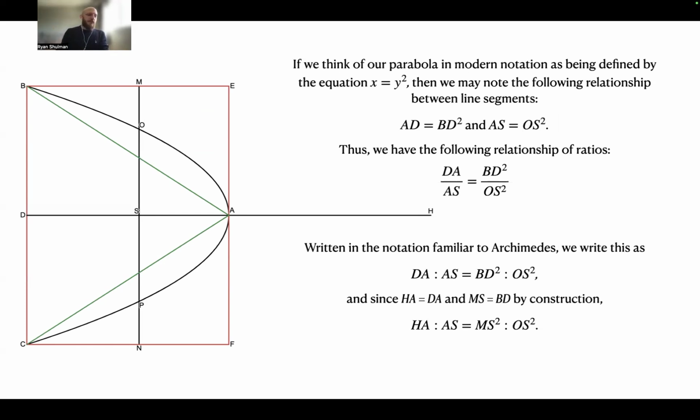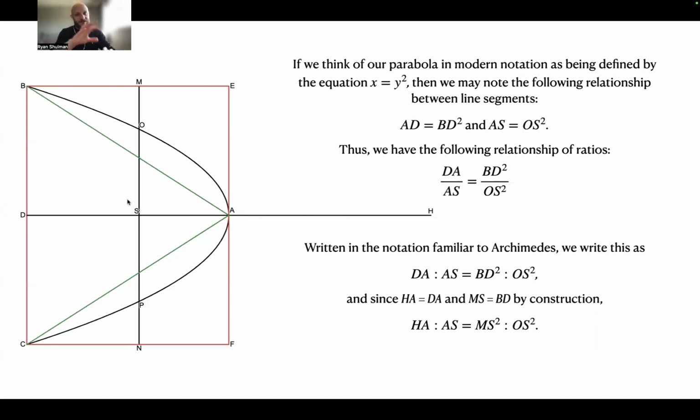So bringing things back to our modern notation, as maybe an easier way to think about some of the relationships in this figure: if we think about our parabola as being defined by the equation x equals y squared, disregarding the orientation, because obviously if A was the origin of a Cartesian plot, this would actually be x equals negative y squared.